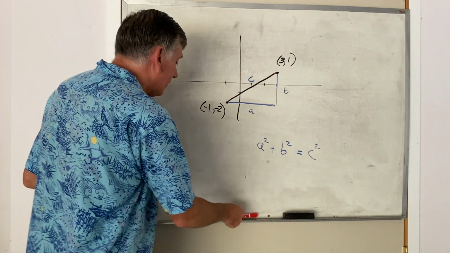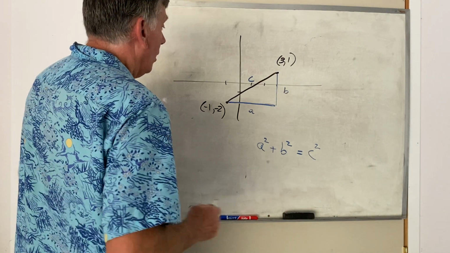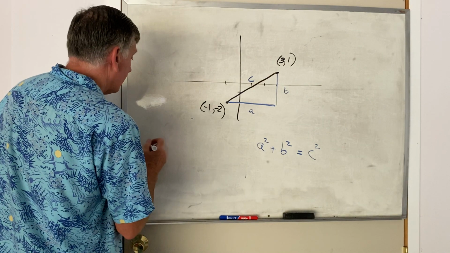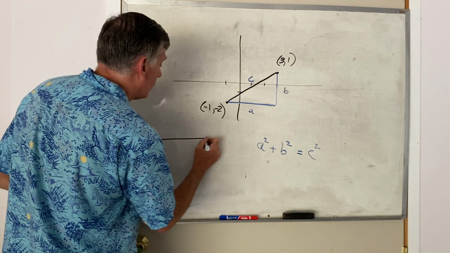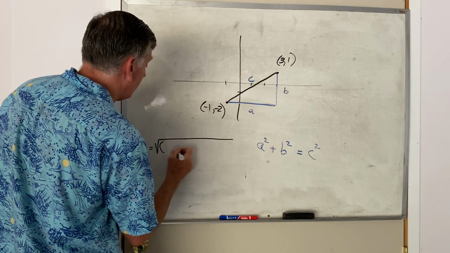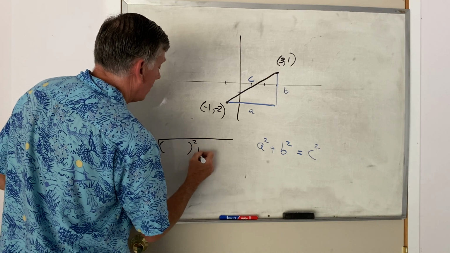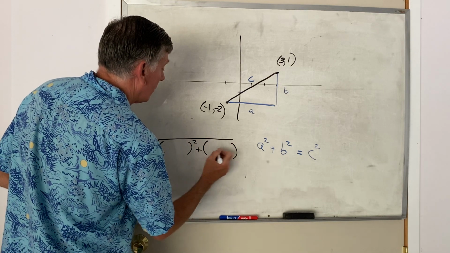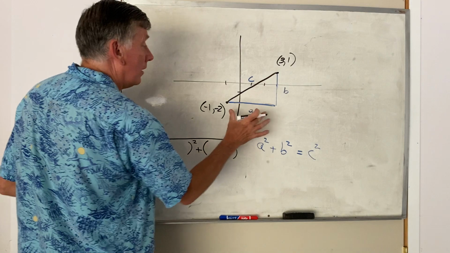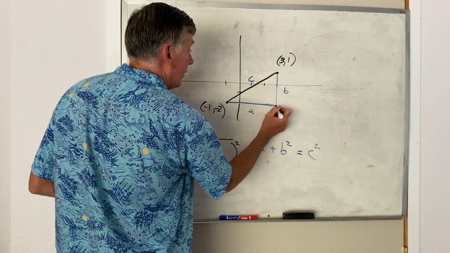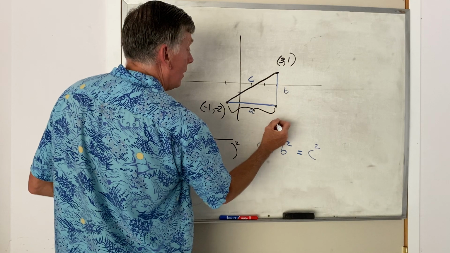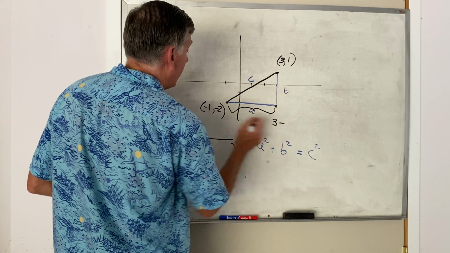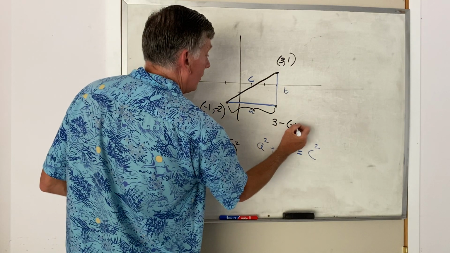From that, we know then that that distance, C, is going to equal the square root of the sum of the 2 differences squared. This length here is going to be 3 minus a minus 1.